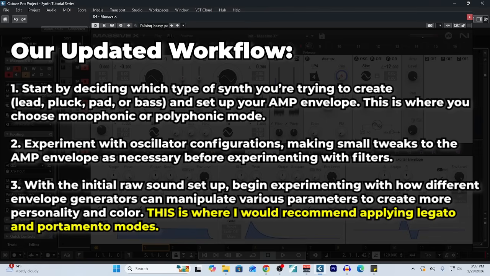Once my initial sound is set up, I would then begin experimenting with how applying envelope generators to various parameters of my synth can help provide additional personality and color to my sound, and how portamento and or legato modes can help contribute to the personality of my instrument. Now, as you can probably tell, there's going to be a lot of moving back and forth between various steps when making a synth, and that is okay.